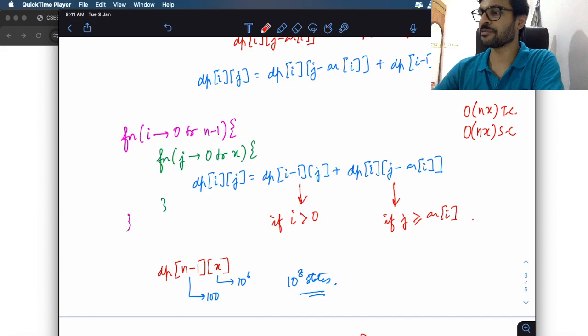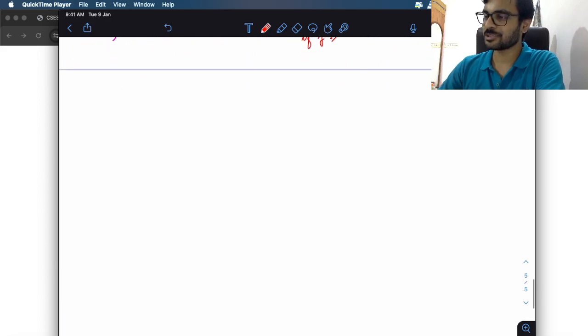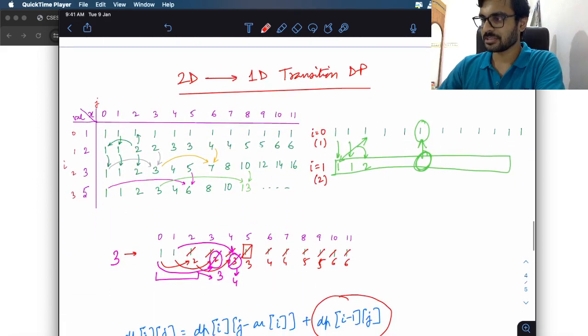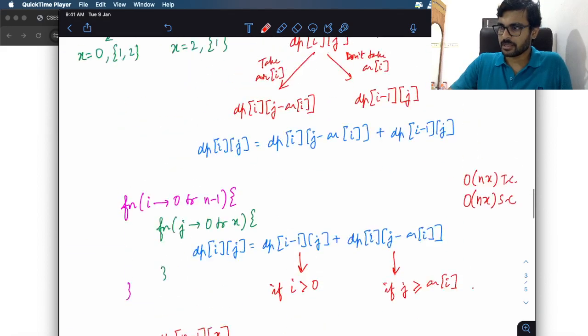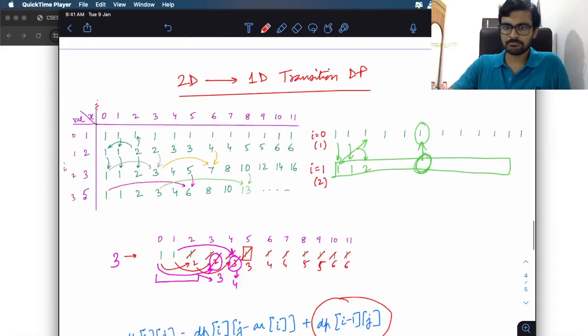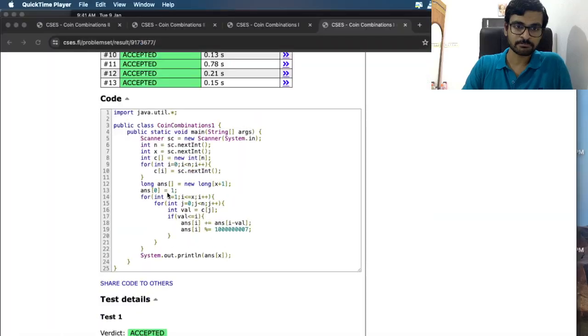So definitely we have improved the space complexity by this 2D to 1D transition. This is a 2D to 1D transition of a slightly rare type, for which you have to be really smart about your algorithm, about your ordering, and about the problem at hand. So not very trivial, not very common, but it's good to know. Let me know if you have understood this problem. Let me show you the code.